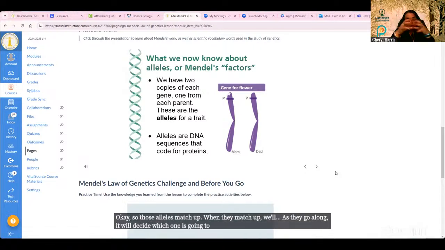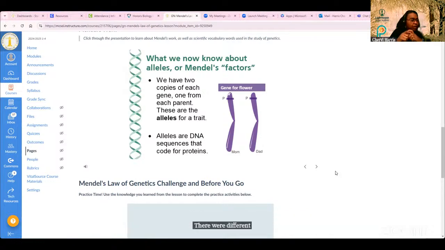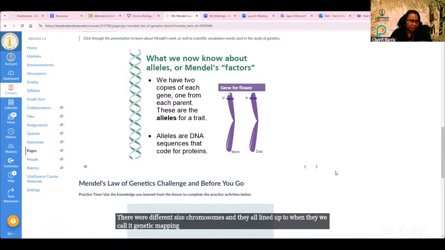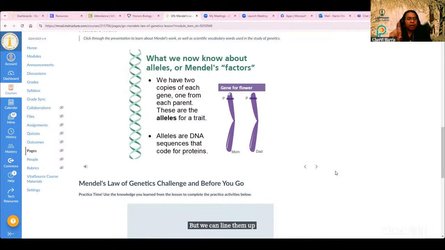So when we look at the gene map that we looked at before, and again, we'll look at it again, there were different size chromosomes and they all lined up. We call it genetic mapping. They're not lined up like that in the cell, they're scattered all over the place, but we can line them up so that we match up the ones that are coding for the same characteristics.